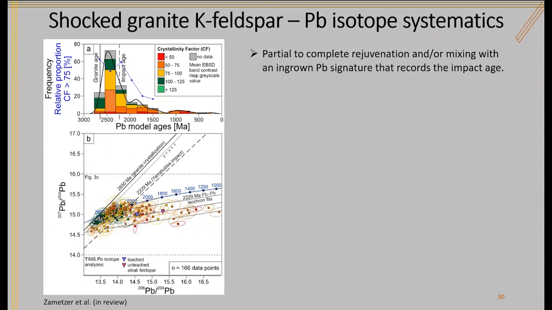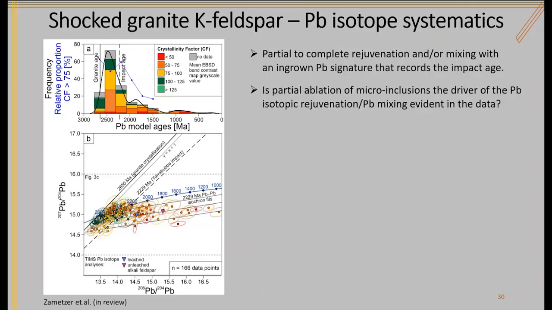So what is implied here is that leaching is better than not leaching, but the full story of what is going on in this shocked K-feldspar will only be gained by setting laser spot grids and sampling a wide range of compositions. Because all the laser data points in combination with the crystallinity factor will tell us what is really going on.